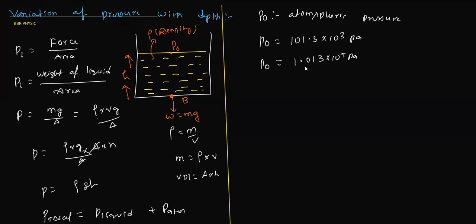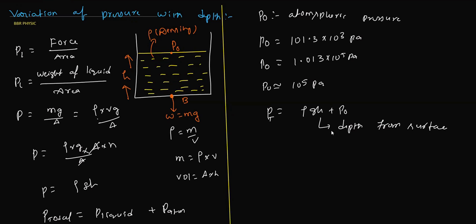It's a very small value, so we can take the order of 10 raised to 5 while solving numericals. The final formula is P equals rho g h plus P naught, where h is nothing but the depth from the surface.